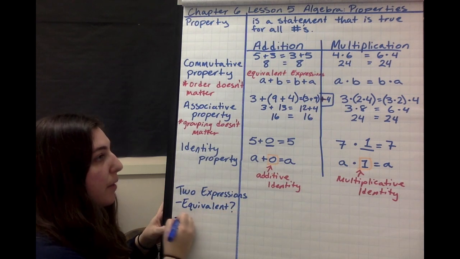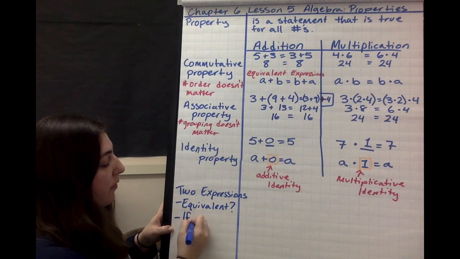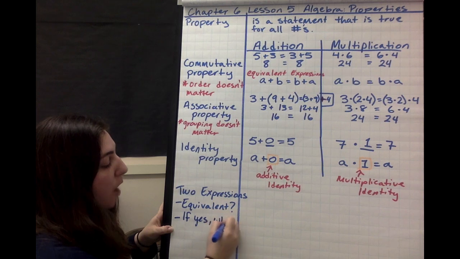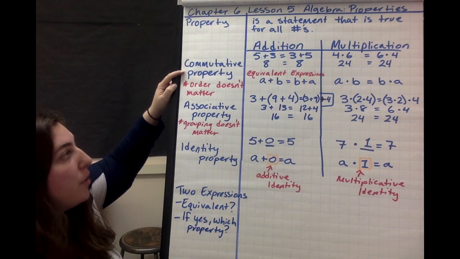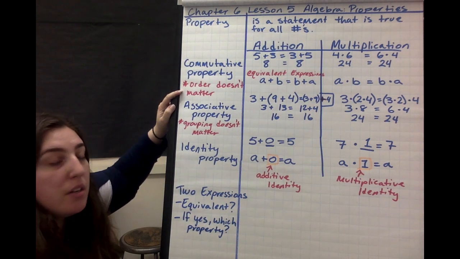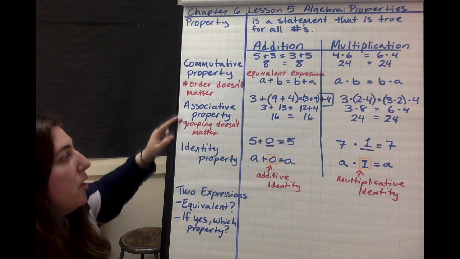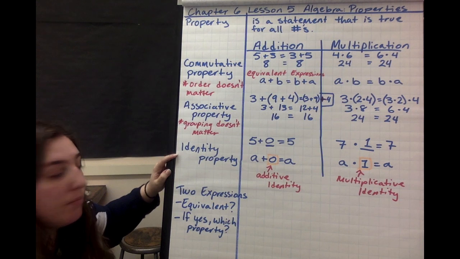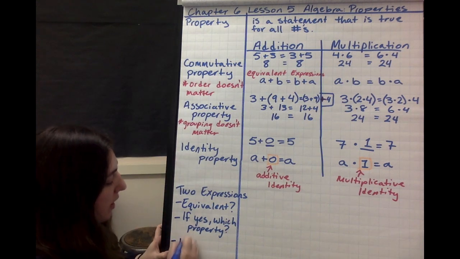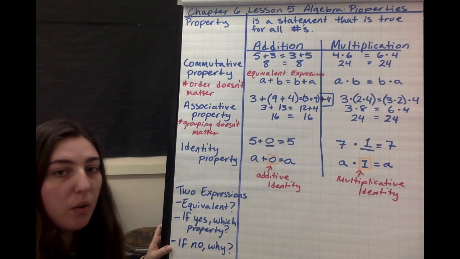Second, if they are equivalent, so if yes, which property? Is it the commutative property, where order doesn't matter? Is it the associative property, where grouping doesn't matter? Or is it the identity property? And last, if they are not equivalent, why? So explain why if they are not equivalent.